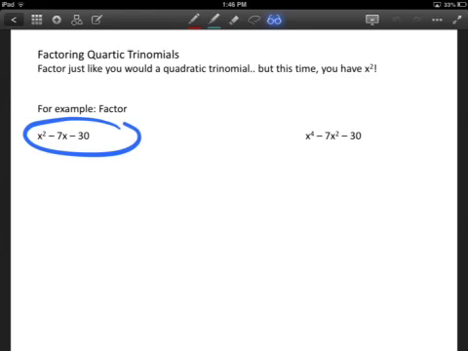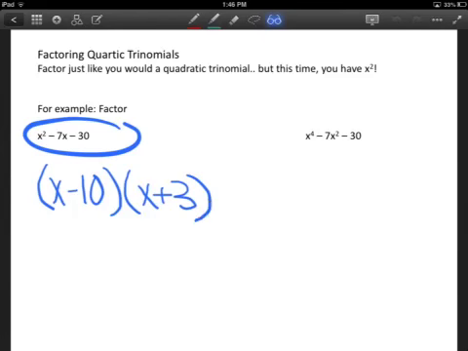Opposite of FOIL. Factor. But what would I factor this to? Sid? X minus 2 times x plus 3. X minus 10. Good. X minus 10 times x plus 3, right?